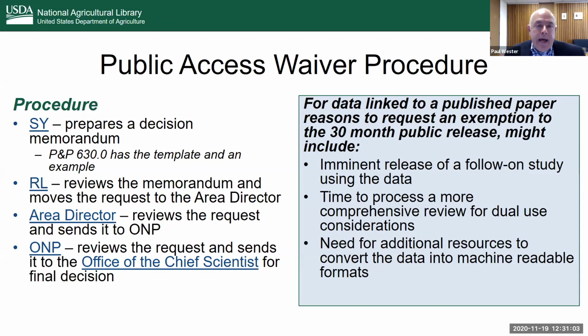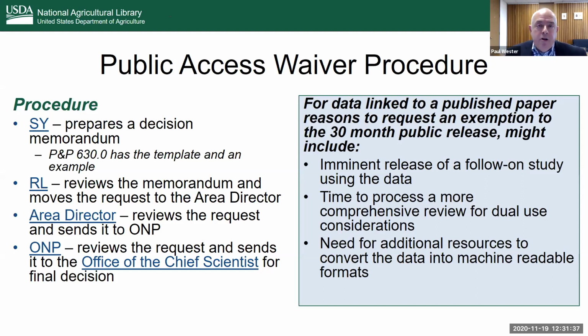Some of the reasons why you would perhaps pursue a public access waiver are identified in the policy itself, but also here on this slide. You might want a longer than 30-month public release period if there's imminent release of a follow-on study using the same data. There are issues related to the time to process a more comprehensive review for dual use considerations or other considerations that are part of the reason why you're not required to make data publicly accessible.